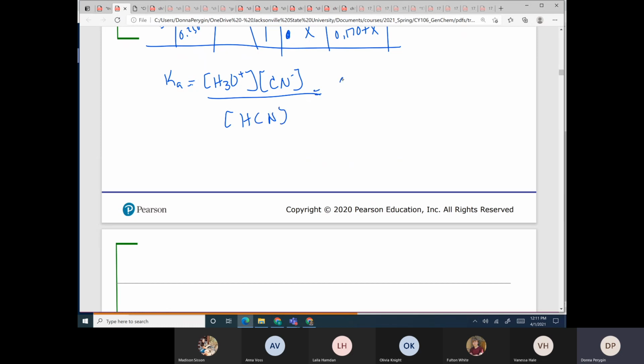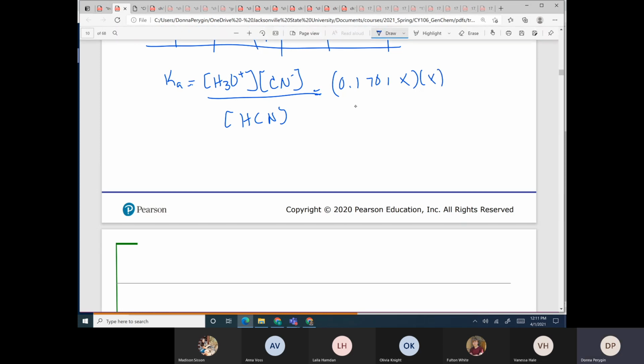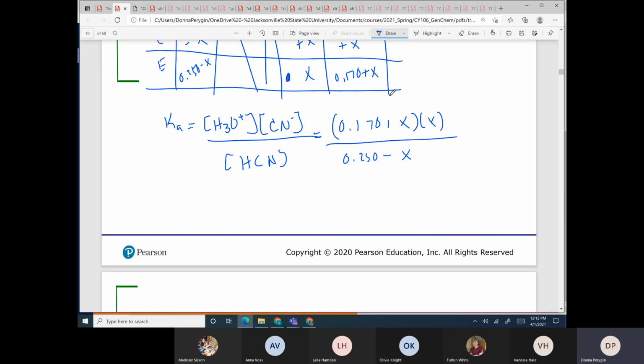That's equal to 0.170 plus x times x over 0.250 minus x. So that comes from the ICE table, okay?